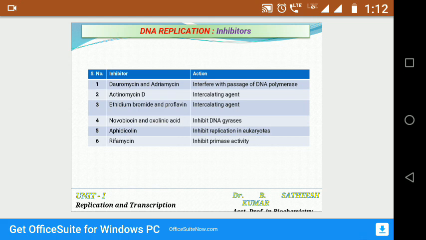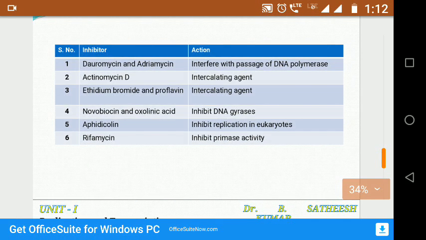So we can use those inhibitors as drugs which kill bacteria. Those are known as antibacterial drugs. These are some of the antibacterial or antimicrobial drugs generally used to prevent infection caused by bacteria.